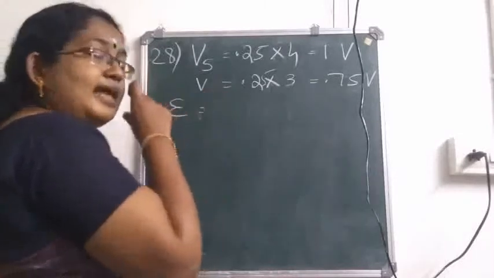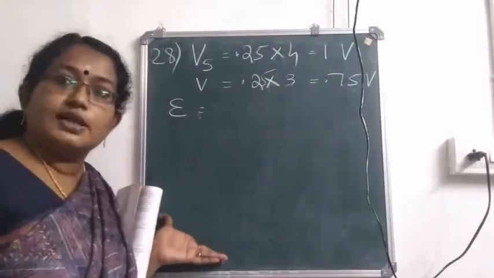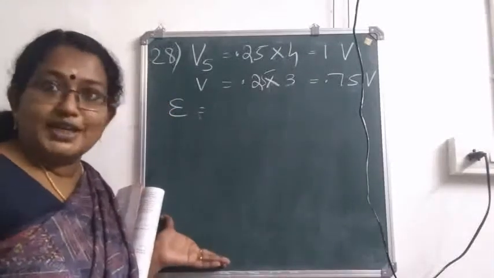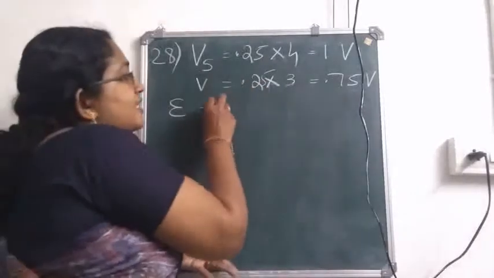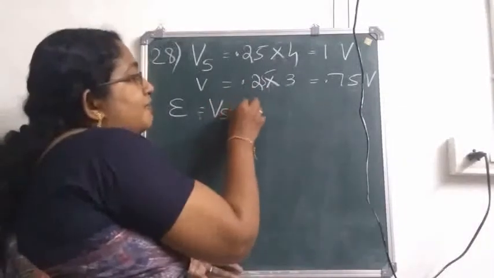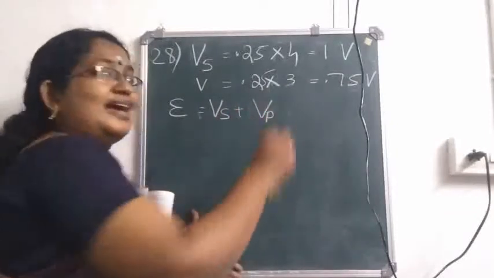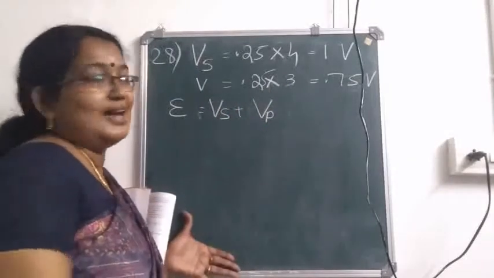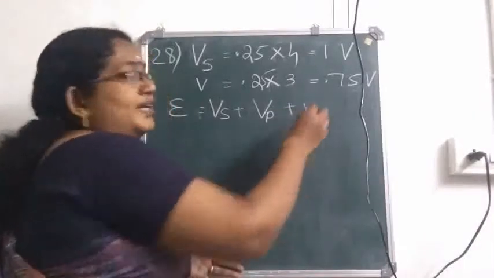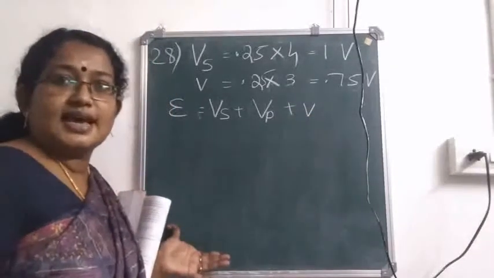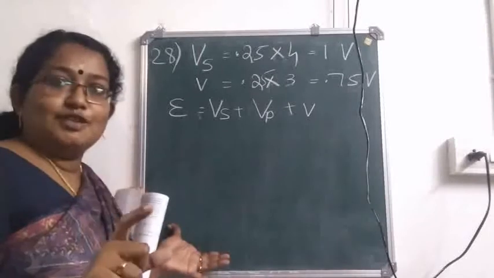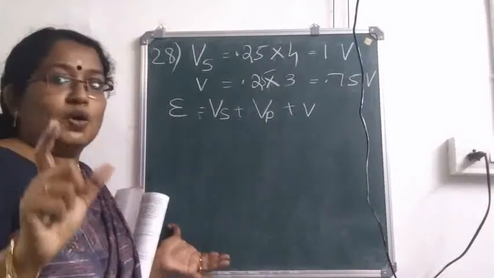We learned that epsilon or EMF is equal to terminal voltage plus voltage drop. So here the terminal voltage will be due to the resistor connected in series as well as the resistors connected in parallel, plus voltage drop. Did you understand? EMF is terminal voltage plus voltage drop.